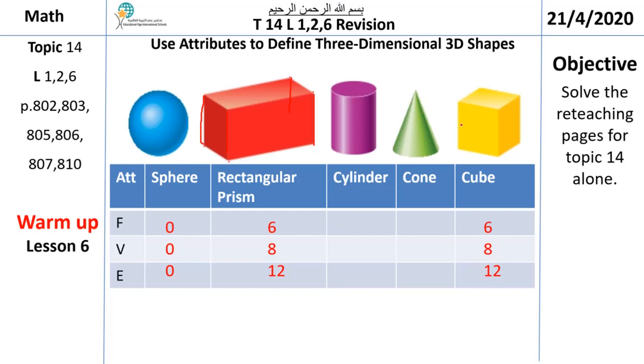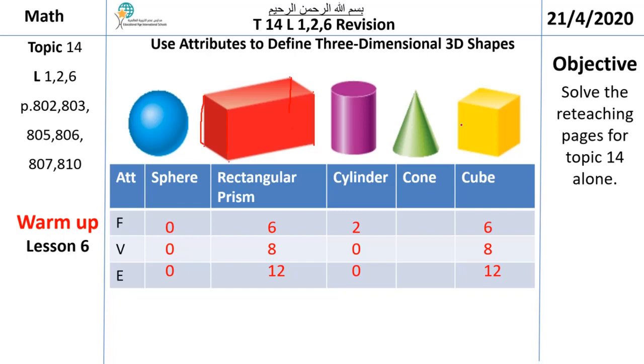Okay? Now the cylinder, what is FVE for the cylinder? 2, 0, 0. F is 2, V is 0, and E is 0. So if in the test or in the trial assessment you have any question that is asking you about any of these shapes' attributes, before you start answering it, remember the FVE for it.